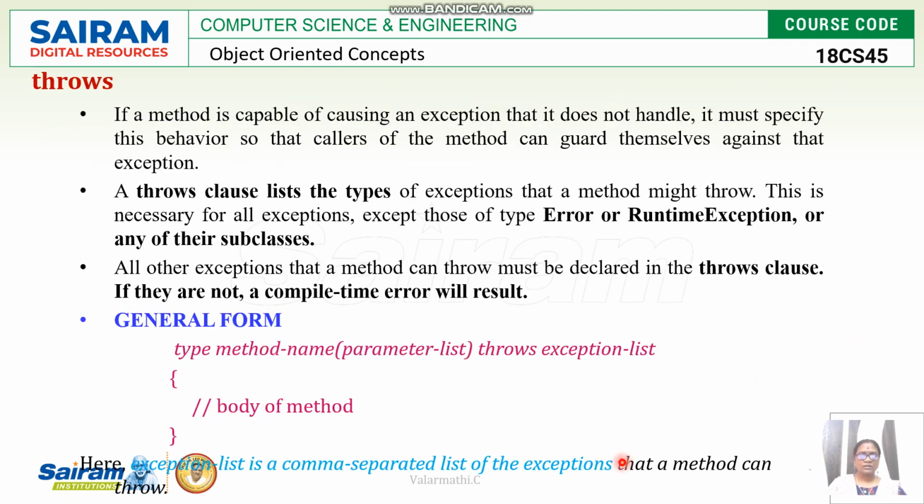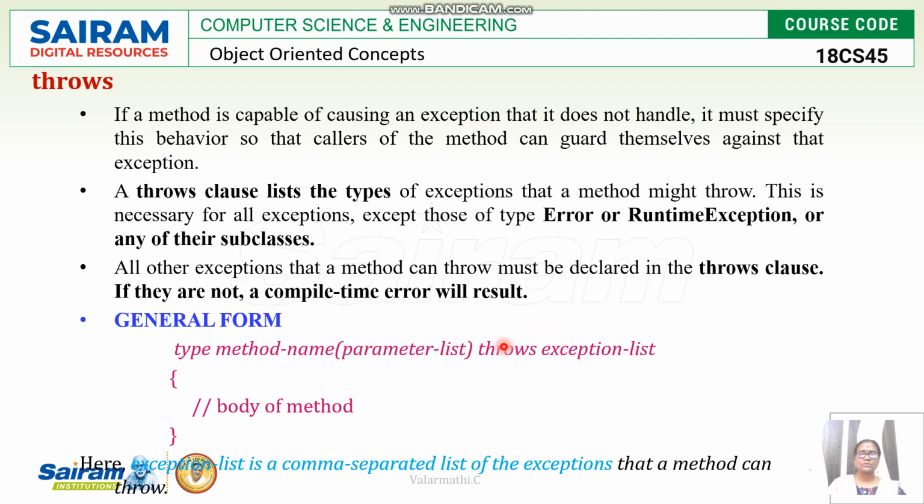Then throws. What is the other point about throws? If there is more than one exception, it takes a list, and at that time we can use throws. Throws NullPointerException, comma, IOException, comma, SQLException, comma.